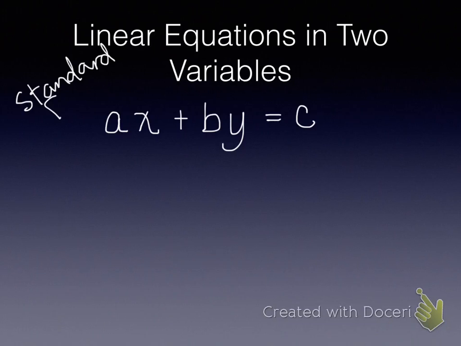So you can put that in your notes somewhere. This is standard form of a linear equation. Okay, ax plus by equals c. I'm going to do something here. Let's find a color that will show up.